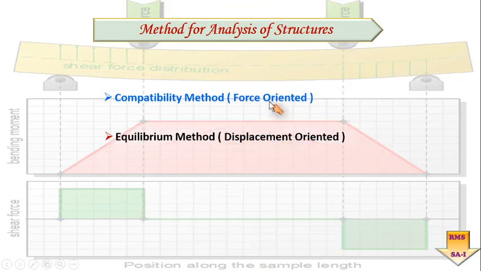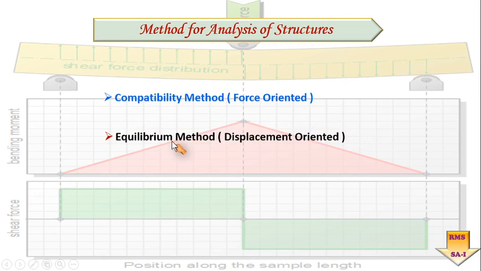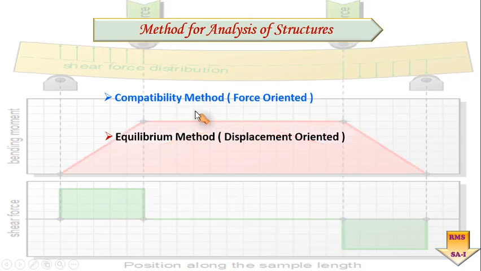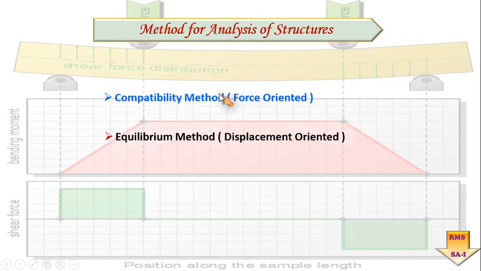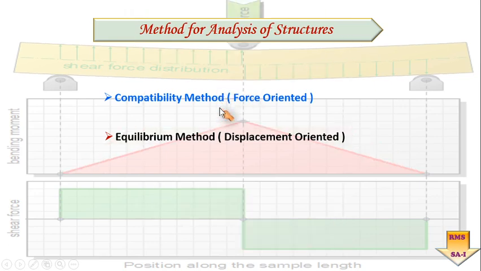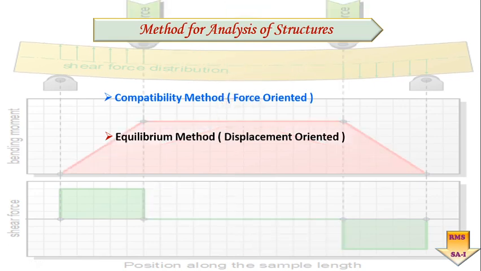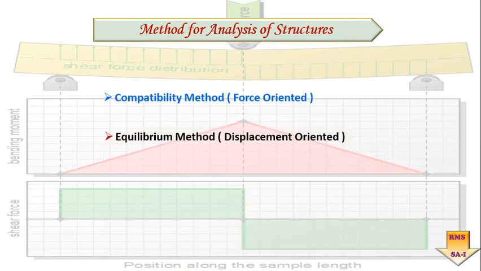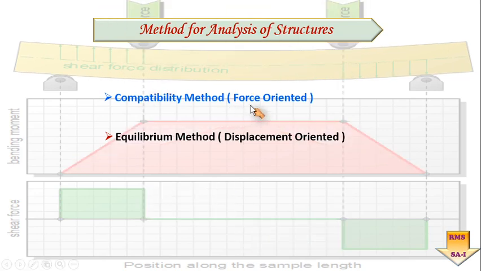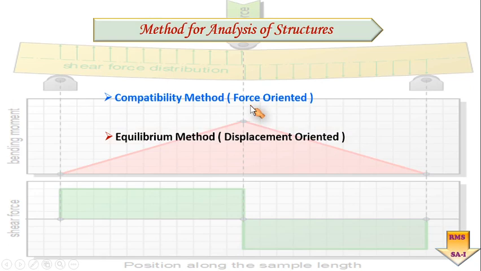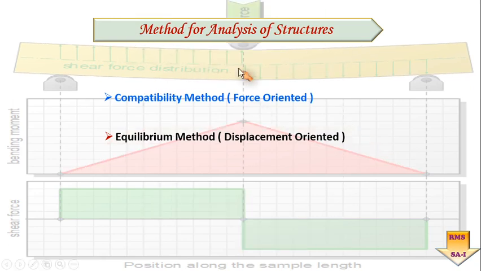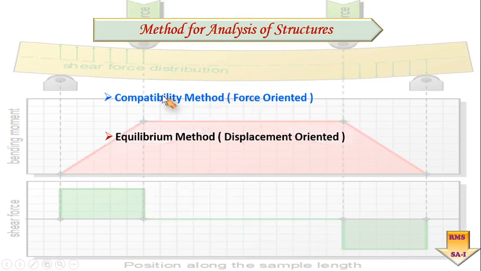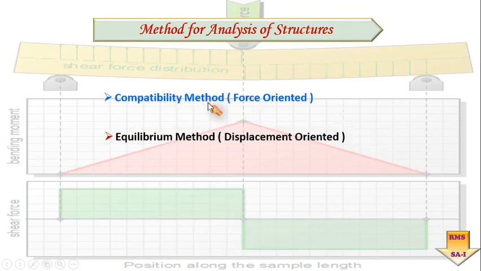Both these compatibility equations and equilibrium equations, in both methods, are to be observed at a particular joint under consideration. This is a very important point to understand at this particular moment. In the first case it is force oriented, that's why we find the unknowns in terms of forces in the compatibility method, and we apply the compatibility equations.